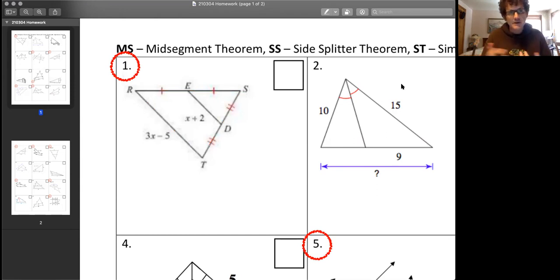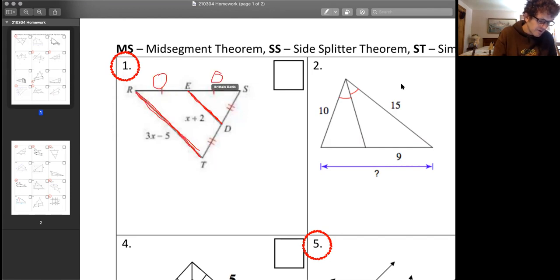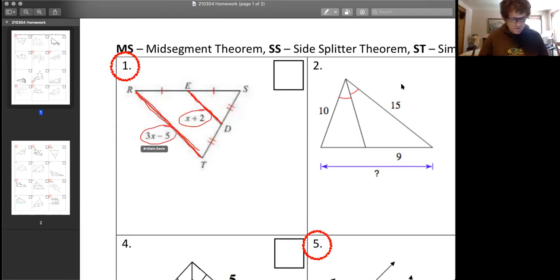And if that's still confusing, we can go through some more of these, and you can determine, is it mid-segment or is it side splitter? So knowing now that this is mid-segment, another thing that you'll notice on this one that's different is that the lengths that they give you are along these parallel lines. There's nothing here. Theoretically, I could give you something here, and you've done some practice problems with it, but in this case, the information they give you is right here.